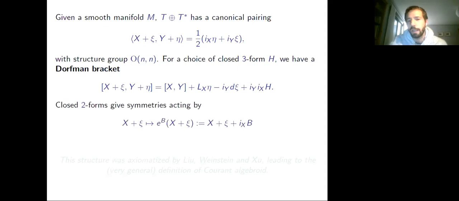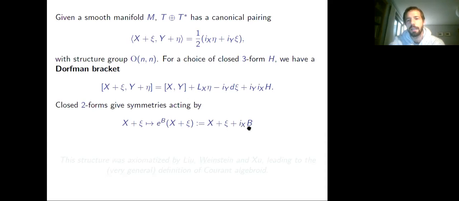So one of the nice features of this structure is that it puts into place an enhanced group of symmetries. So not only diffeomorphisms are going to play a role in this story, but also a new type of symmetry called B-field transformation, which is given by shifting. You choose a two-form B, and then you shift x plus xi to x plus xi plus i_x B. So this is contraction of B with the vector.